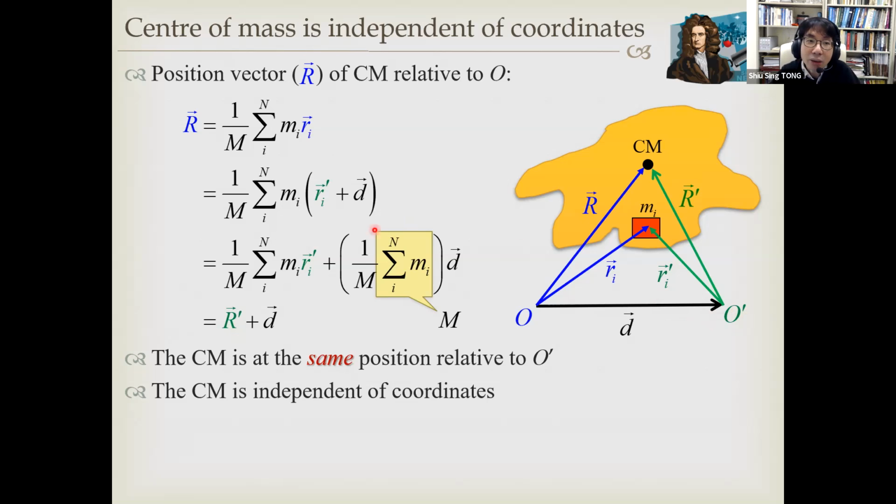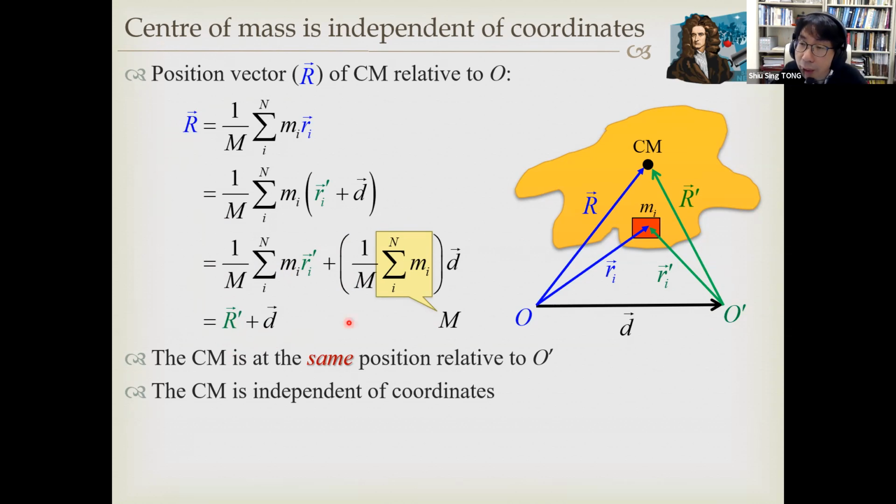Okay, so after doing some calculation, you arrive at this. R equal to R prime plus D. The two position vectors of the center of mass relative to the old and the new coordinate origin are related this way.